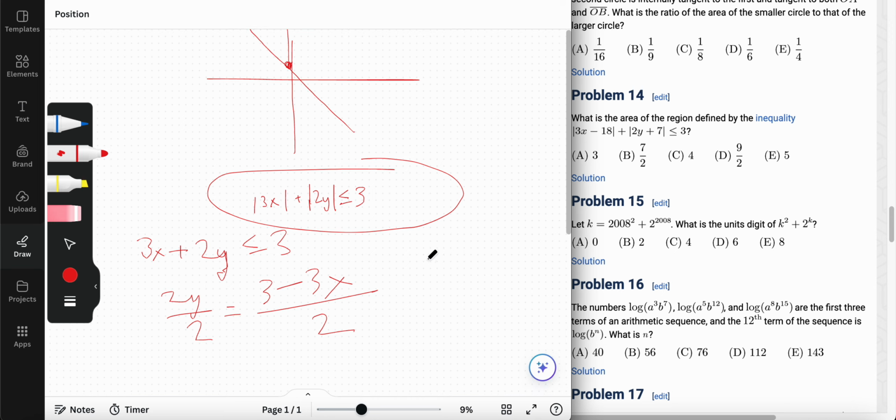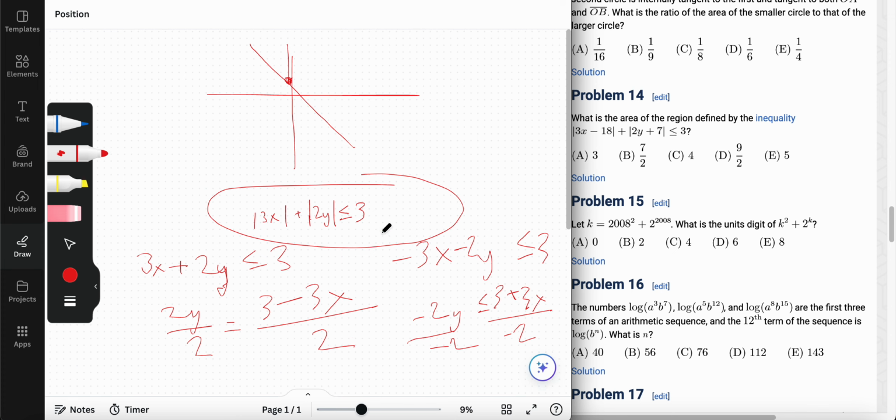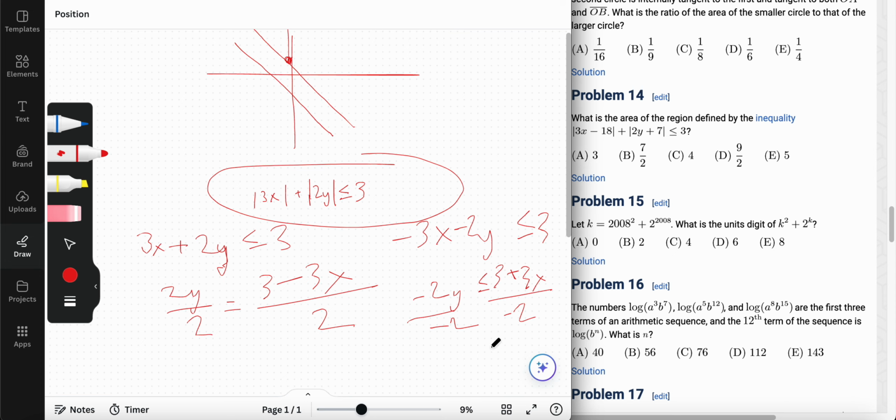Then I can make both of them negative. Divide by -2, and I get the same slope but a different y coordinate. That is not negative 1.5, it should be a little bit better. So we're just going to assume that this is negative 1.5.